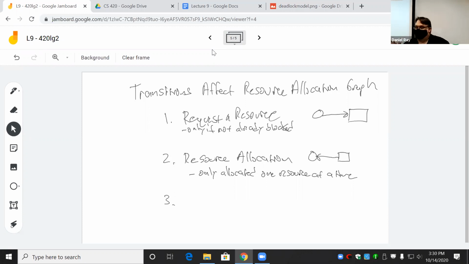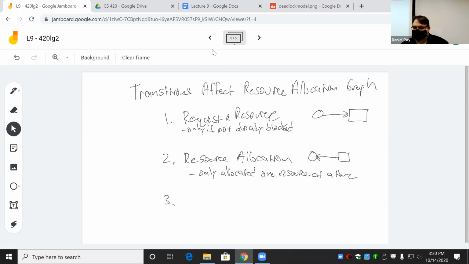Or I can have a process that asks for a resource, has to wait on getting that resource, and therefore becomes blocked, at which point it cannot ask for more resources until it gets the original resource it asked for. Does that make sense? You cannot be waiting on a resource and still requesting new resources, because if you're waiting, you become blocked, and you cannot request more resources if you are blocked. You have to be running.